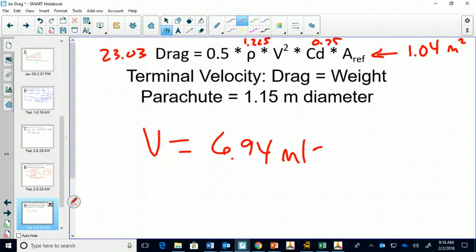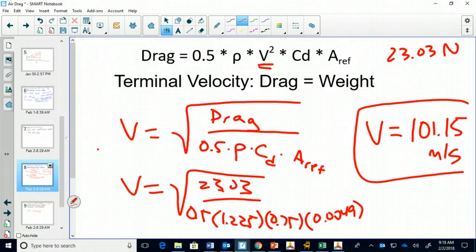And again, my units are what? Meters per second. So my question to you is, would you rather have your rocket hit the ground at 6.94 meters per second or 101 meters per second? It would be more fun. It may be detrimental to the rocket.